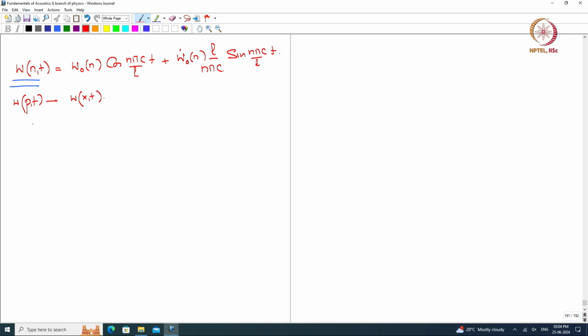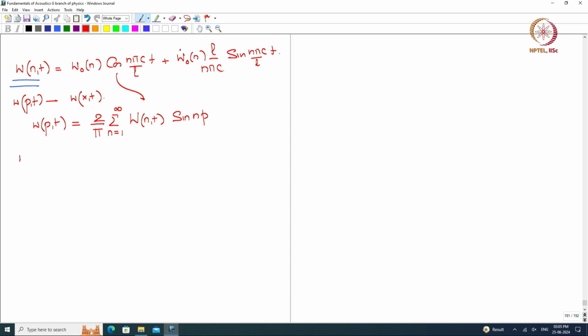Okay. And what is small w p comma t? We said it is 2 by pi summation n equal to 1 to infinity w of n comma t sine np. Now we substitute this in here.